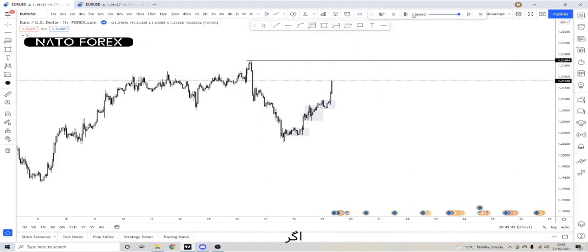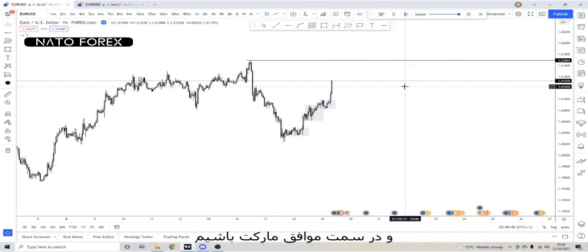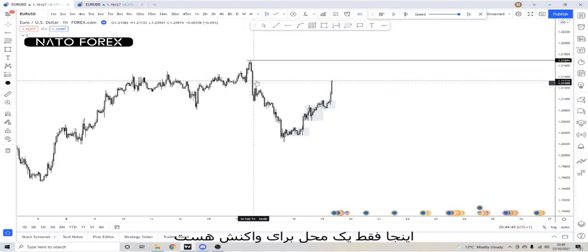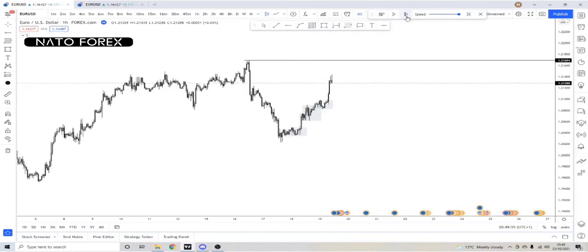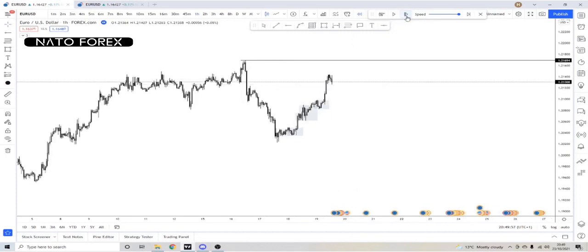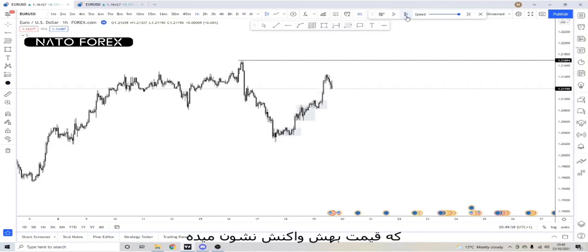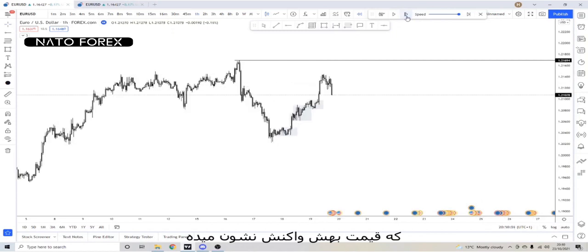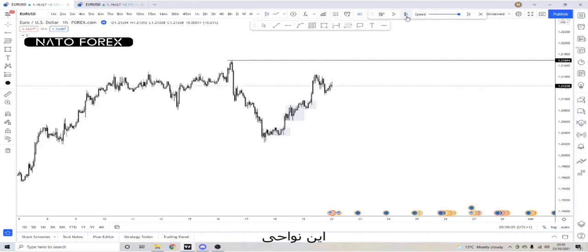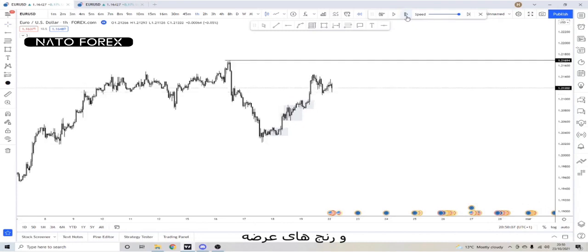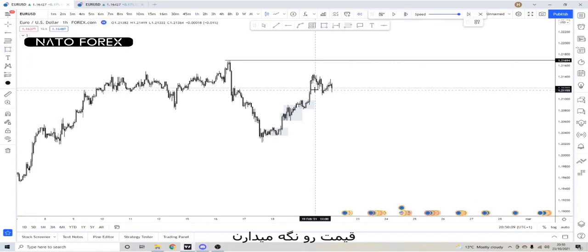Obviously, if the higher time frame narrative is correct and we're on the right side of the market, this is just a reaction point for them to sell back into more buys, which we react from, and these supply ranges are holding.